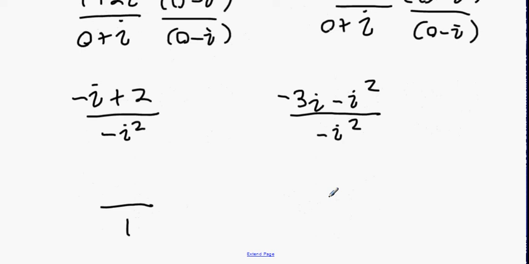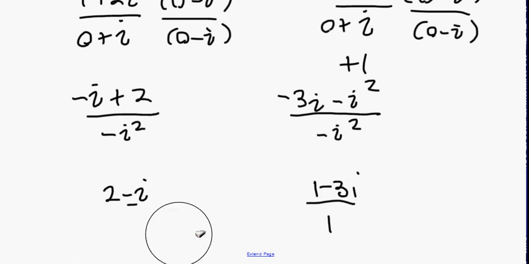Minus i squared is plus 1, so plus 1 on the bottom. And we're going to get 2 minus i on top, and this one is going to be a plus 1. So 1 minus 3i and 2 minus i are my two answers. There you go.